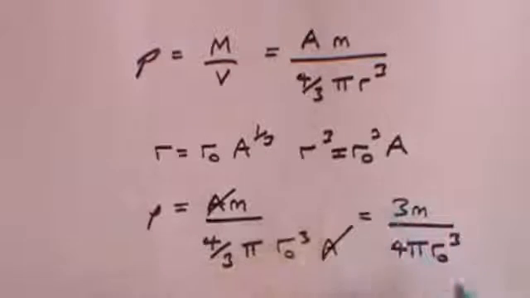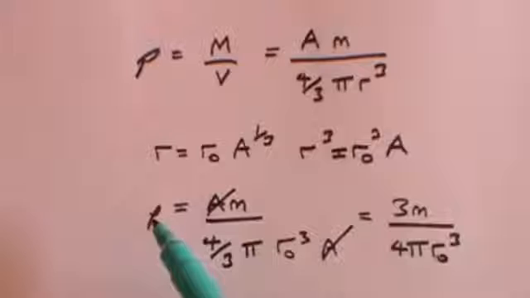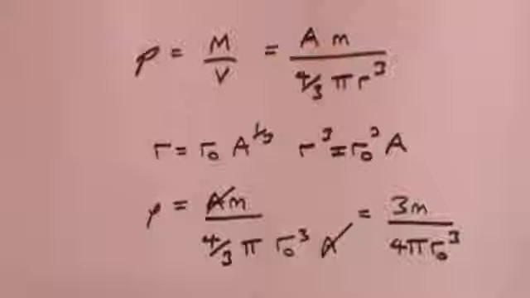And you'll see that all of that is a constant. We've got m, which is the value of the atomic mass unit, and we've got R0, which itself is a constant. So that tells us that the density of the nucleus is independent of the number of protons or neutrons. The nuclear density is the same for all atoms or all nuclei. And what is that value?